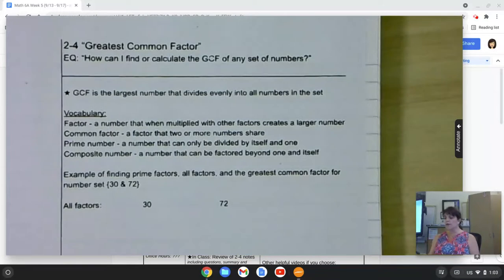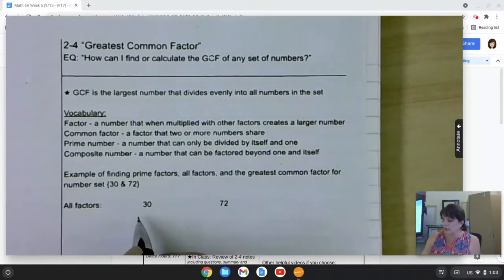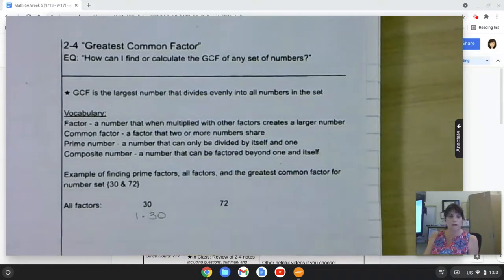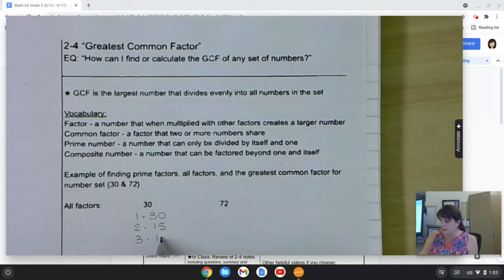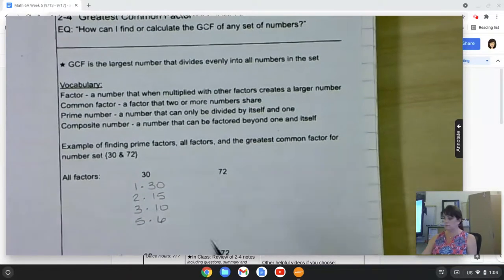Okay, so if I was going to do, say, all factors, one of the best ways to do it is start out 1 times 30 would be 30, right? 2 times 15. 3 times 10, nothing by 4, okay? 5 times 6, okay?